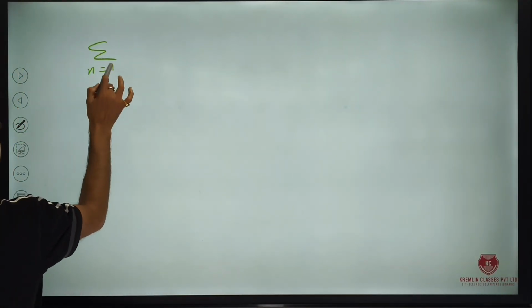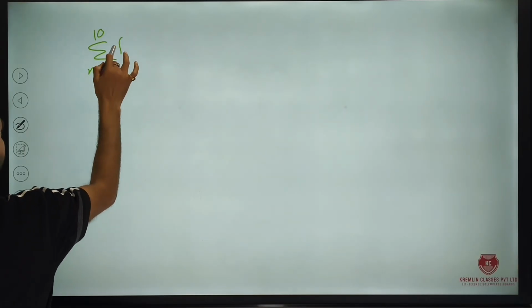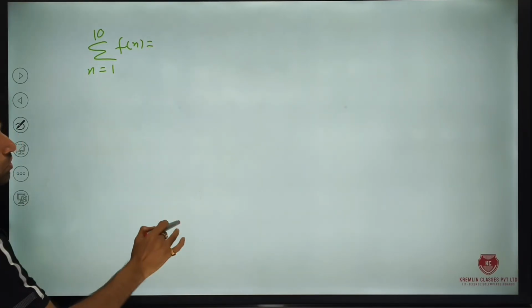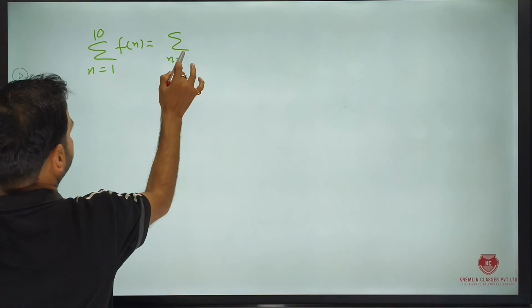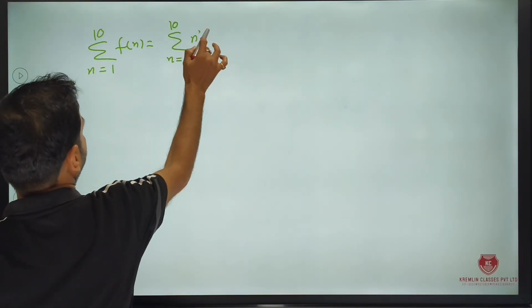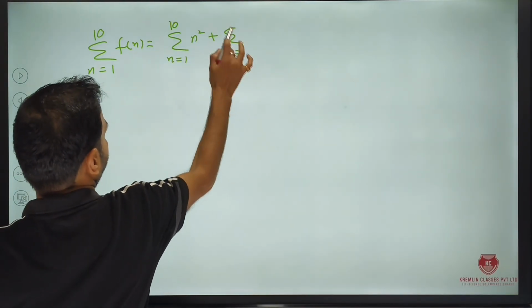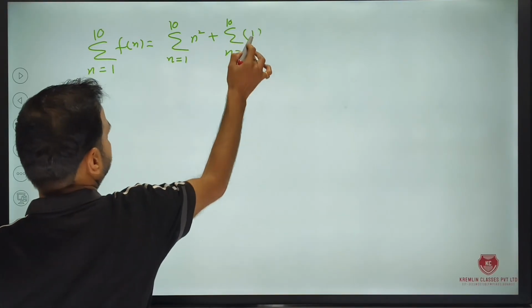And now that's I think over. Sigma n equal to 1 to 10 of f of n is equal to sigma n equal to 1 to 10 of n square plus sigma n equal to 1 to 10 of 1.